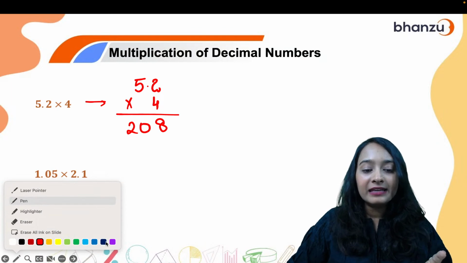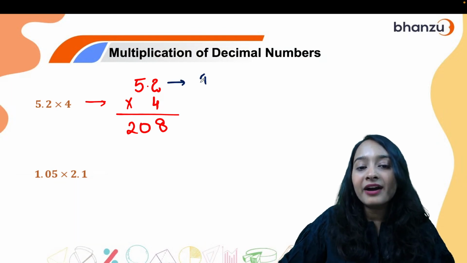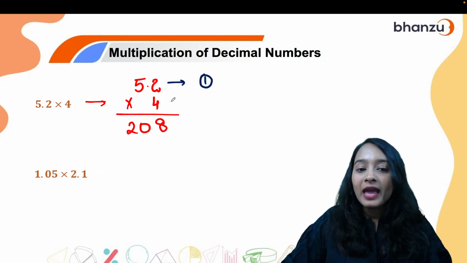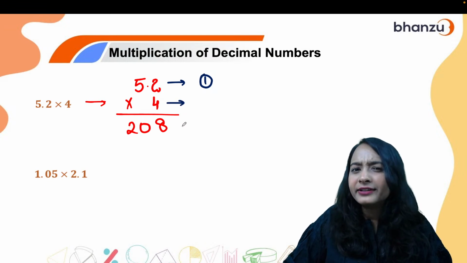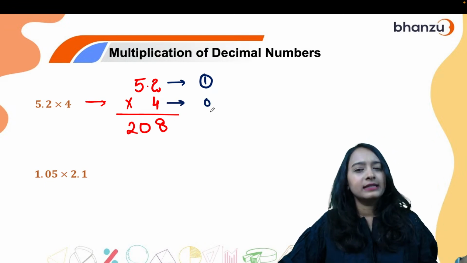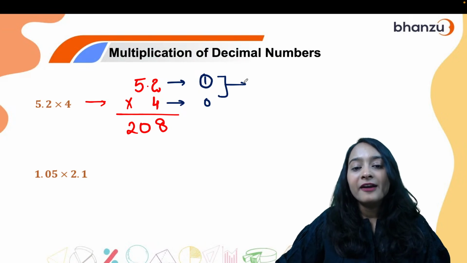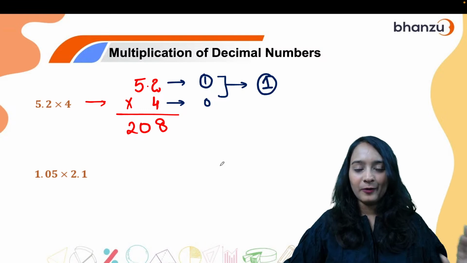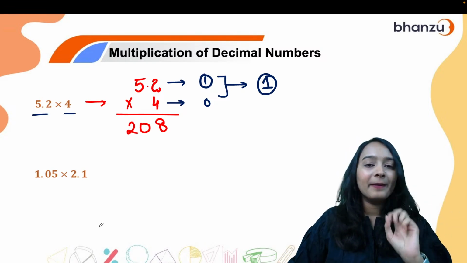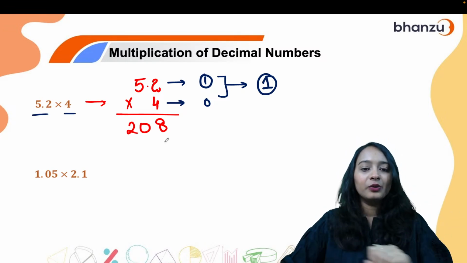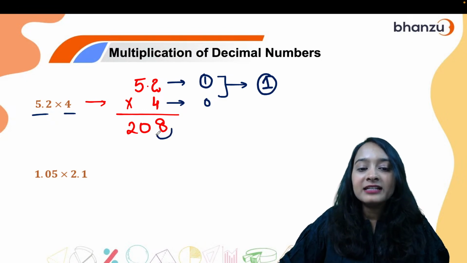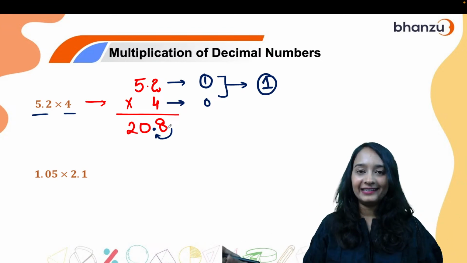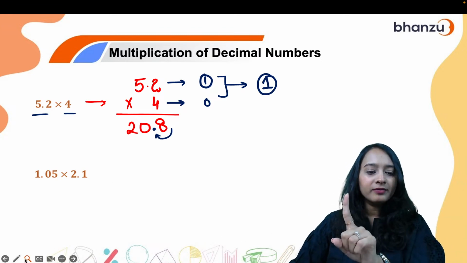There's only one digit after the decimal point, which is 2, and in the other number no digits are there. So totally we have one digit after the decimal point in the two numbers we are multiplying. So we leave one digit from the units place and place a dot. That is it.